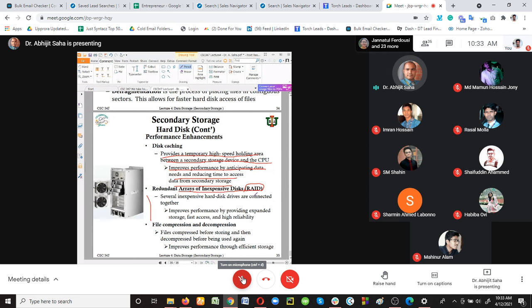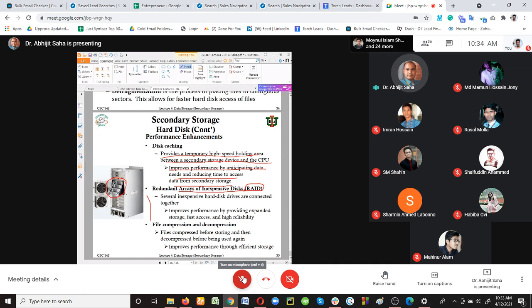Okay, so here you can see in the picture that several inexpensive hard disk drives are connected with one another. So what is the benefit? These connections create a network, or they are within specialized RAID devices, and this network works together. So if you're looking for some data and a hard disk cannot give it, it is going to come from the other.